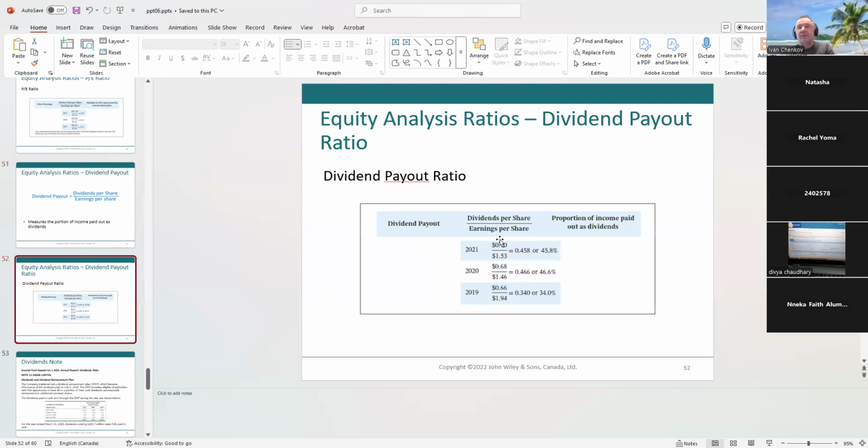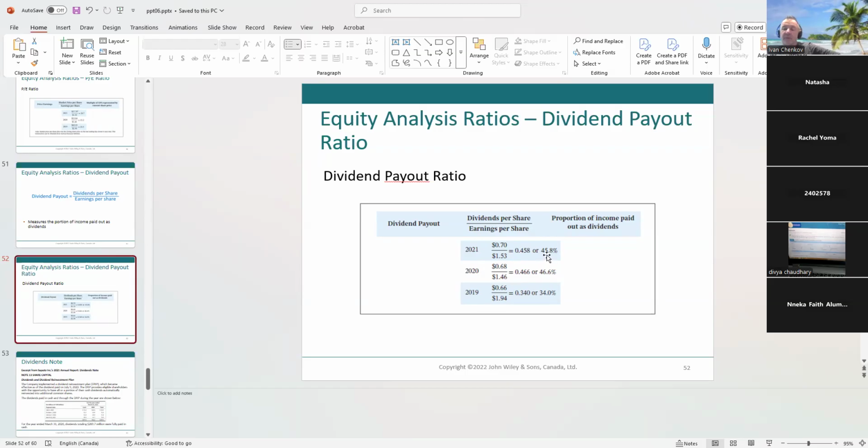The dividend that the company pays, as you can see, increased from 66 cents to 70 cents. But earnings per share went from $2 to almost 1.53. So what that means is that out of the potential $1.53 that comes to my retained earnings, I'm giving to the shareholders only 70 cents, or 46% of every dollar.